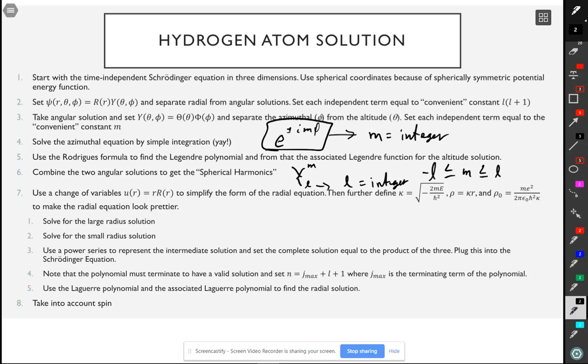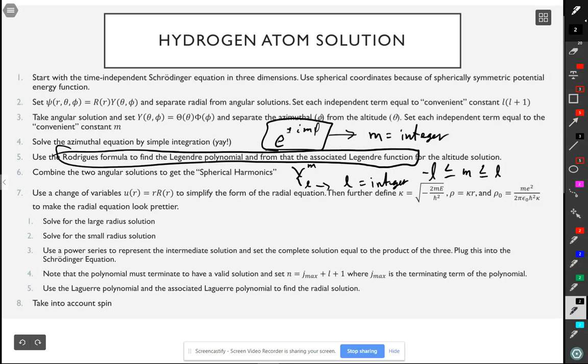But it also came out mathematically before we ever even associated L with angular momentum or M with the orientation of the angular momentum. Just from these functions right here, it came out that you had to have this relationship.